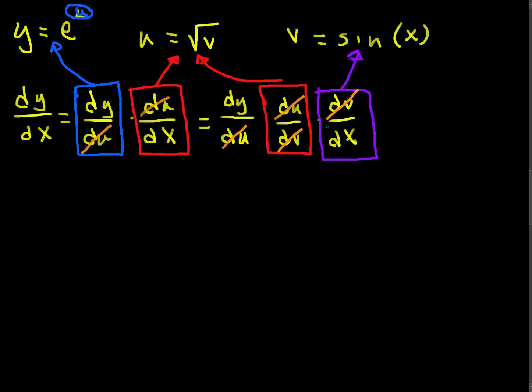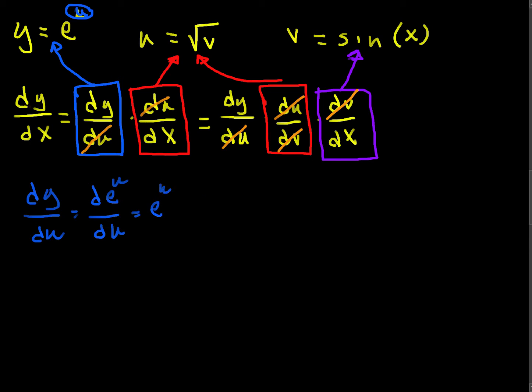Okay, back to the problem. We now want to know what dy dx is. And equality says that that's the same as dy du times du dv times dv dx. So let's take a little side note here. What is dy du? Well, dy du is the differential of e to the u du, which is e to the u.